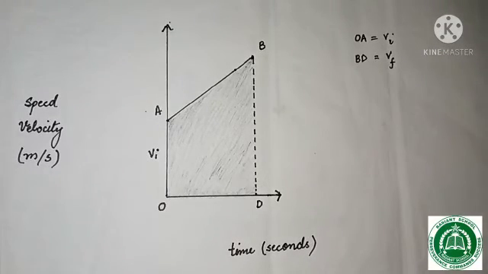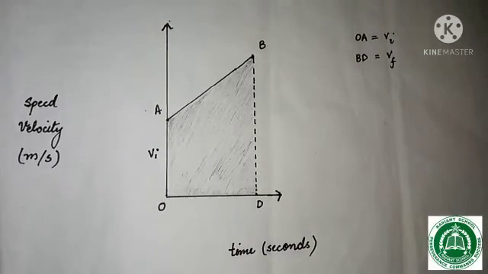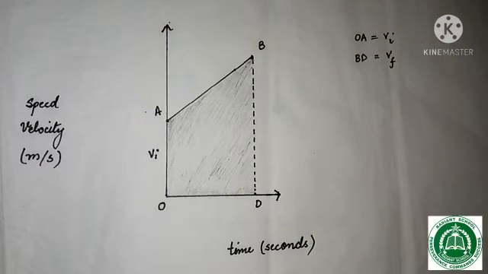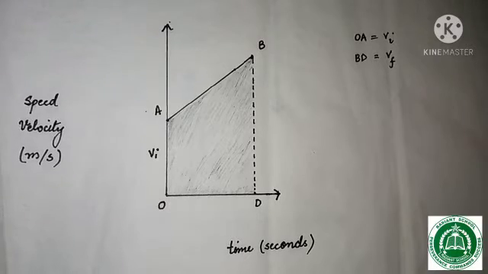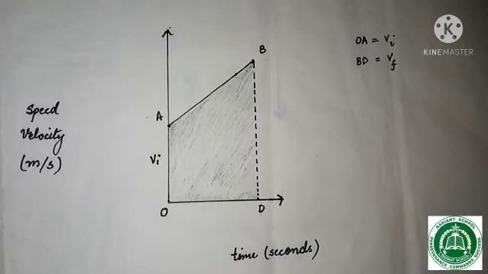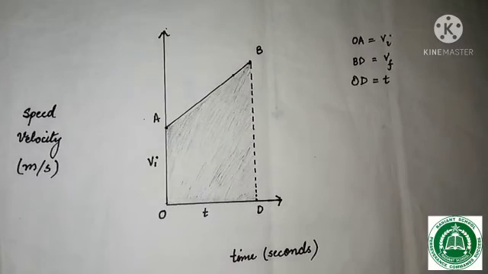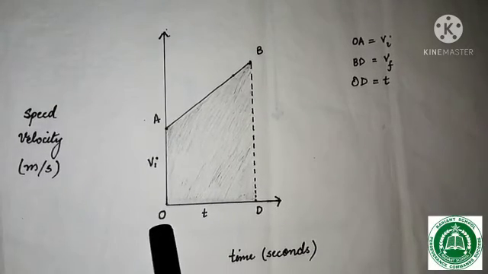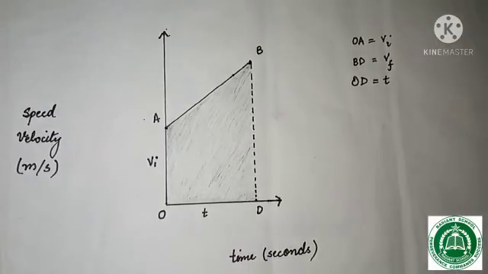As this is a general equation, I cannot say what the value of time is, whether 5 seconds, 10 seconds, 20 seconds, whatsoever. Instead of making it specific with any number, I will say that for the body to increase its velocity from Vi to Vf, it will take any time t. So now I have marked this side OD as t as well.